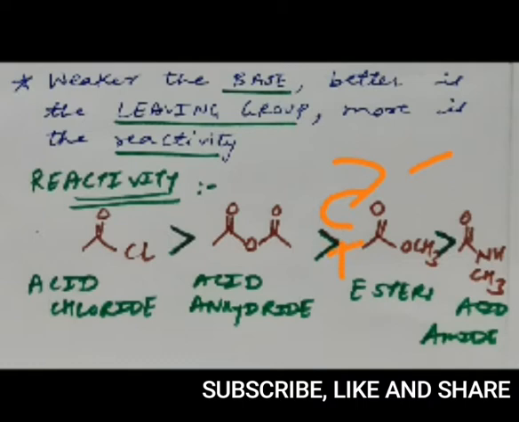Since the OCH3 group donates electrons, it will decrease the electron density deficiency on this carbon atom, so the positive charge on the carbonyl carbon decreases and the nucleophile cannot easily attack it. That means the reactivity of esters decreases, and the basicity of this OCH3 group is more, because of which the hydrolysis tendency of esters also decreases.